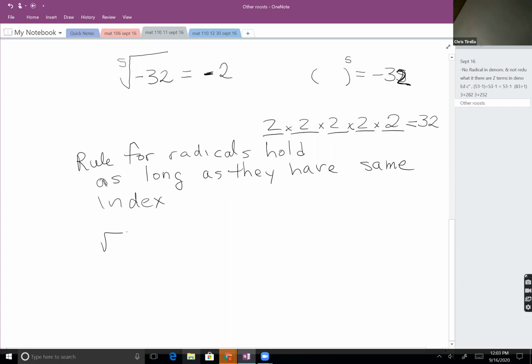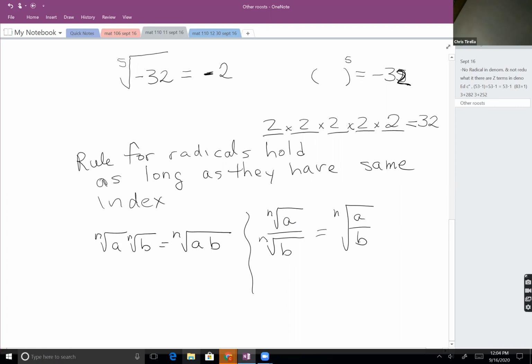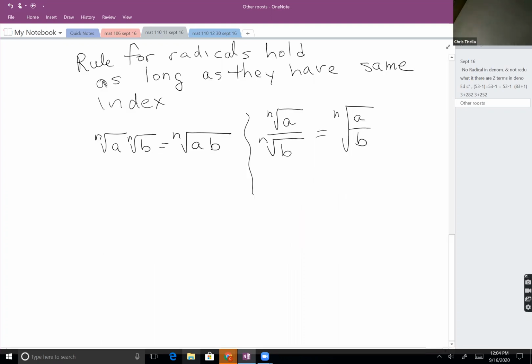If I have the nth root of A times the nth root of B, if the indices are the same, I can multiply the radicands. Likewise, if I have the nth root of A over the nth root of B, as long as those indices are the same, I can change it into a single fraction. But that's only if they're the same, right? Right. If they're not the same, there was a typographical error, it's beyond the scope of the course.